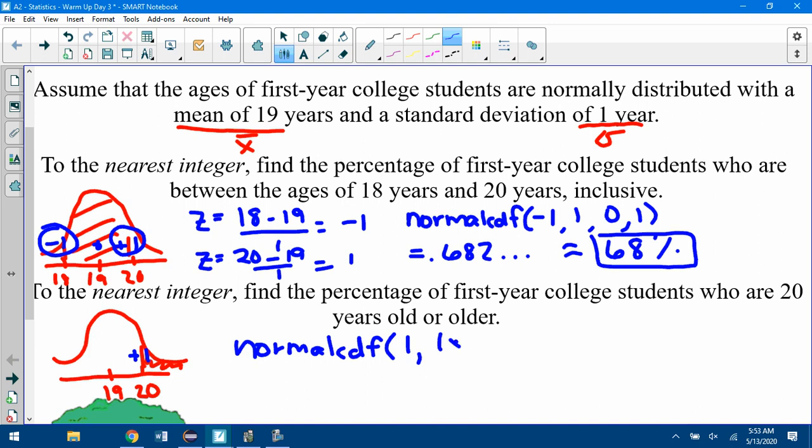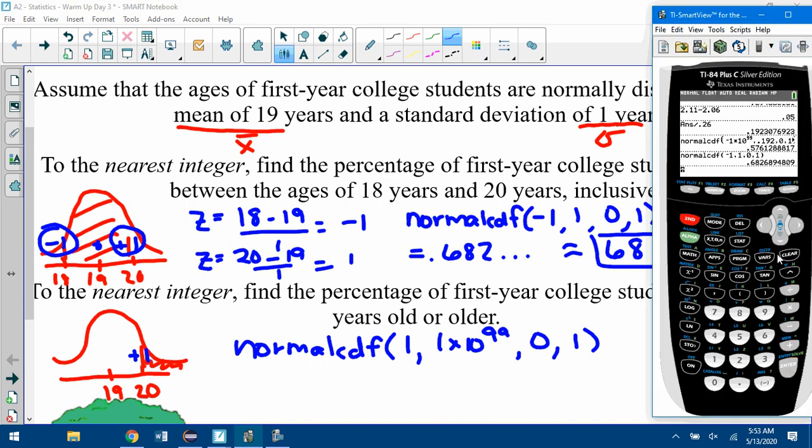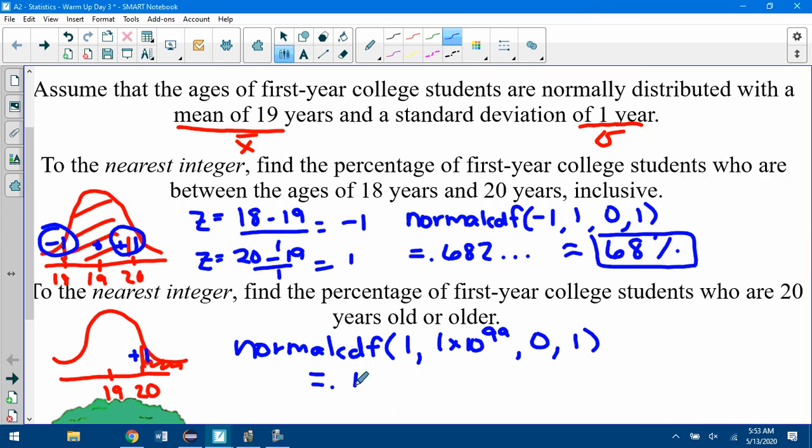My upper would be infinity, 1 times 10 to the 99, comma 0, comma 1. And I get 0.1586. So if you make that into a percent, it's 15.8. Nearest percent would be about 16%.